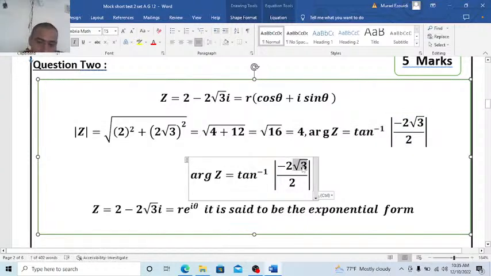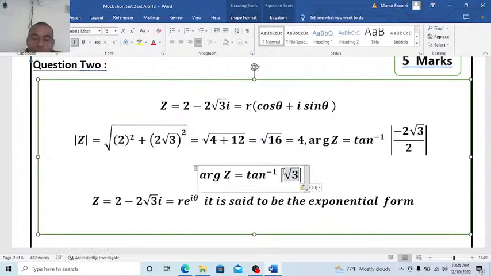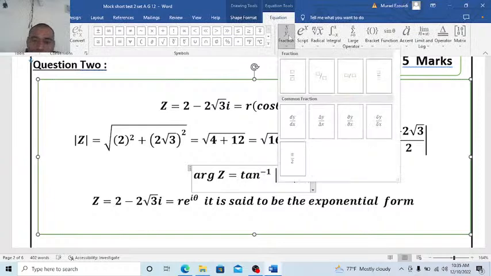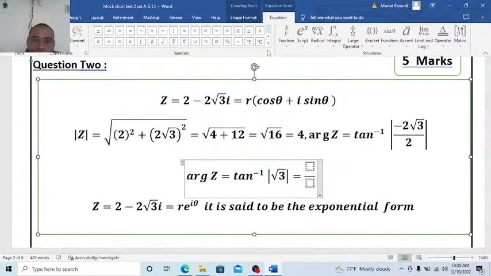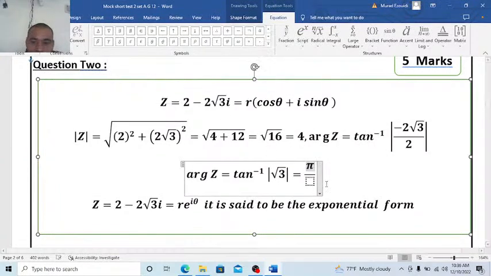Clear? If you use a calculator, this is equal to pi over 3. It's written in terms of radians, so pi over 3.